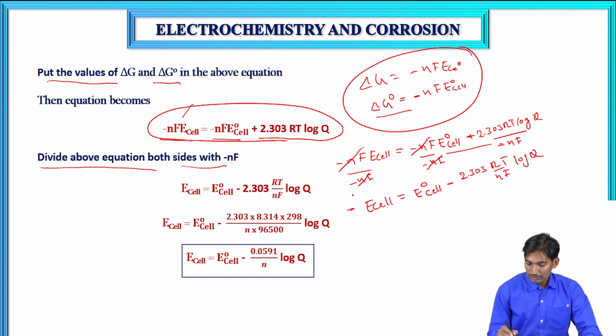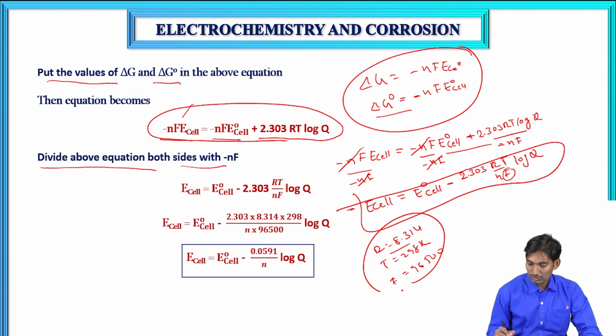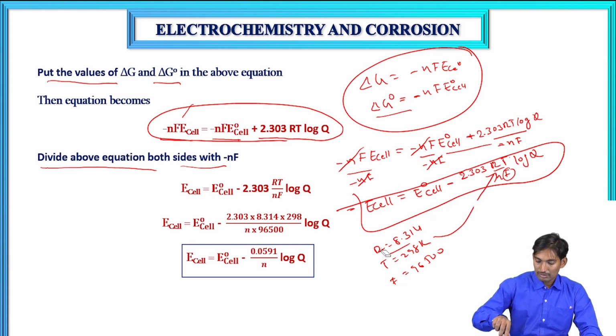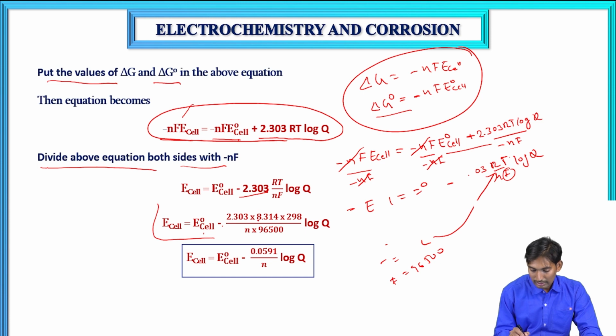Now we substitute the values of R, T and F. R is 8.314, T is 298 Kelvin and F is 96,500. Substituting in E cell equals E naught cell minus 2.303 times 8.314 times 298 over n times 96,500 times log Q, where we keep n as it is, the total value becomes 0.0591.